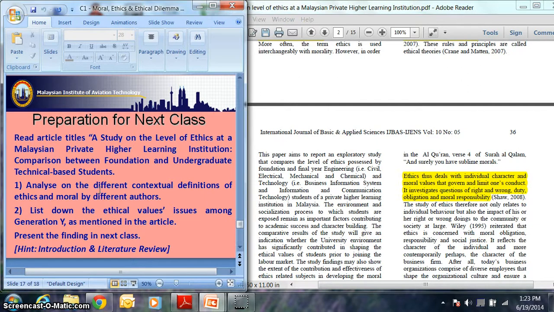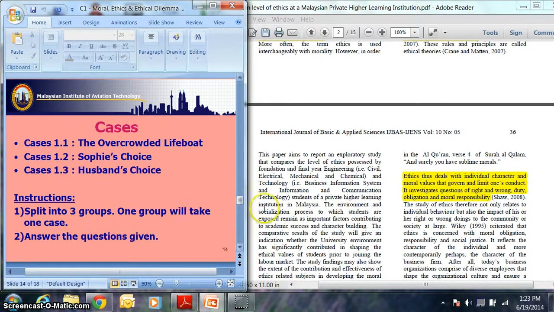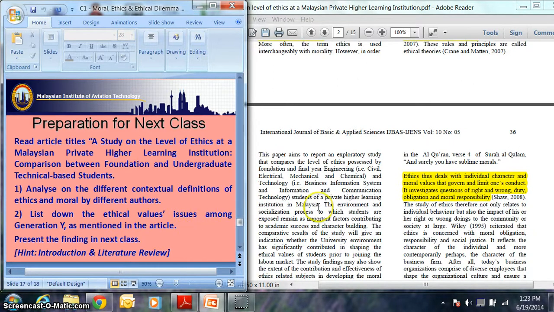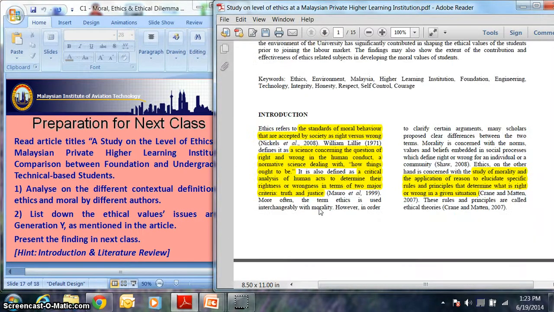For question number one, we can summarize that ethics is the standards of moral behavior or human behavior that are accepted by us as right versus wrong. That's the ethics.